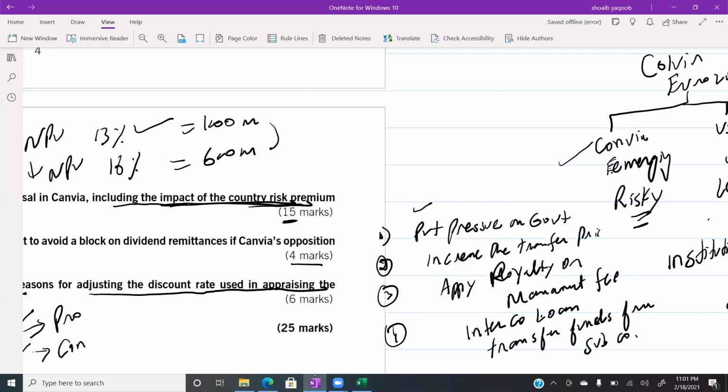Let's suppose Nestle, Unilever, Coke, Pepsi, all get together, they can put pressure on the government. What kind of pressure? That they will withdraw all the funds from your country if you put the restrictions. So by putting pressure on the government, you can remove this restriction. Understood?